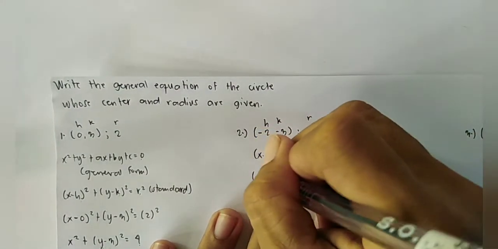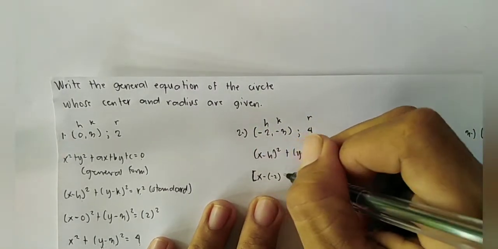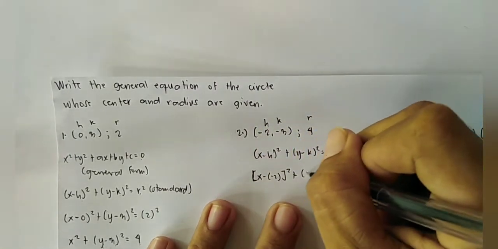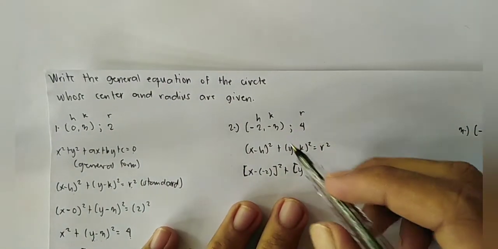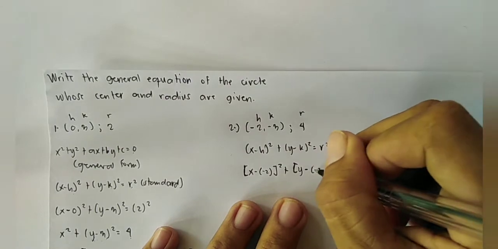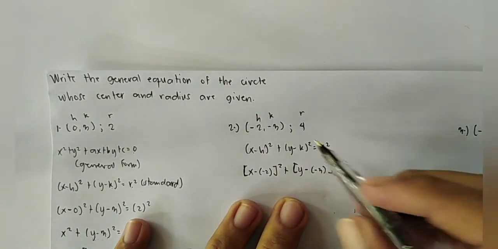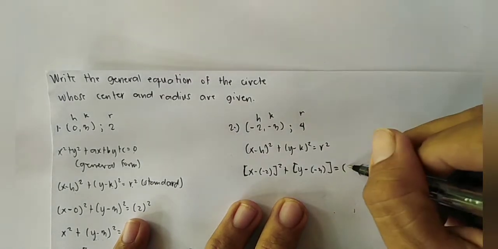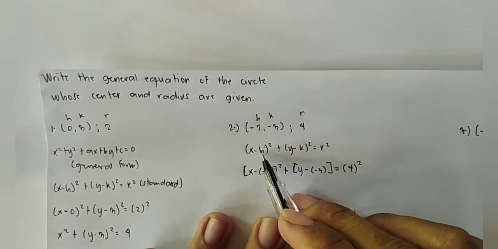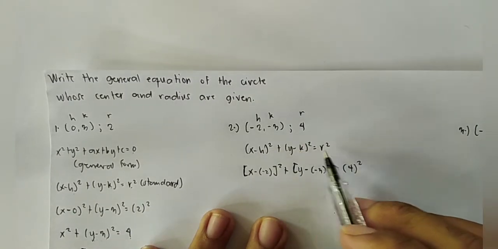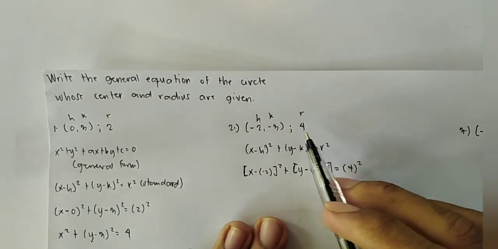So substitute our h is -2, then squared, plus y minus our k is -3, then is equal to our given radius here, we have 4, so 4 squared. We just follow the format. We just simply substitute h, k, and r from the given center and length of radius here.